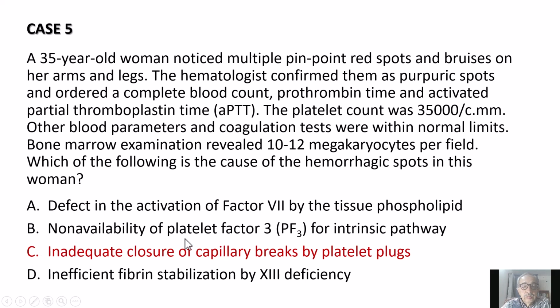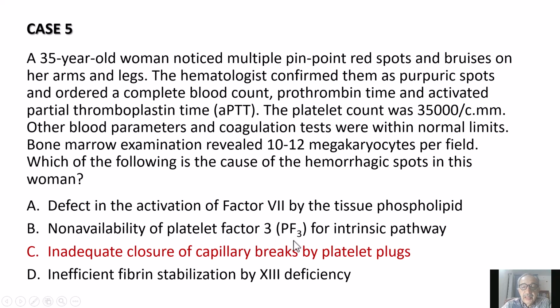B is also unlikely. Platelet factor 3 for the intrinsic pathway is unlikely because even though the platelet count is less, a deficient platelet factor 3 may not cause a problem because the tissue factor replaces this.